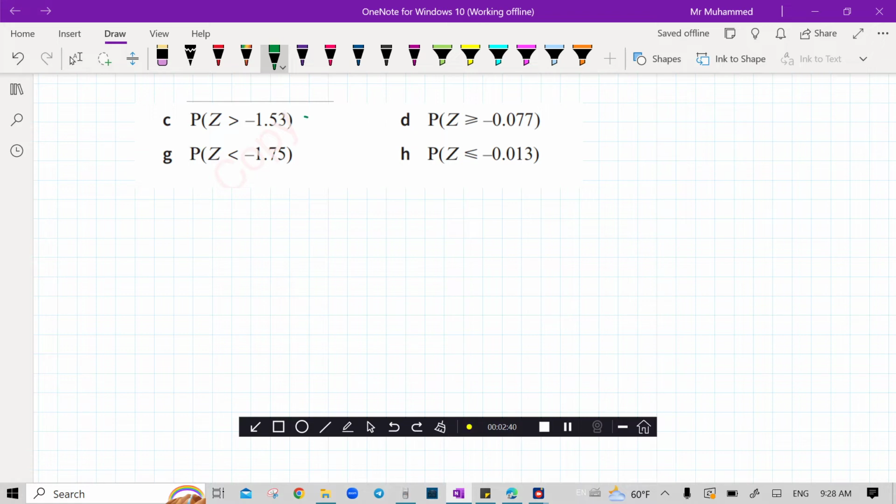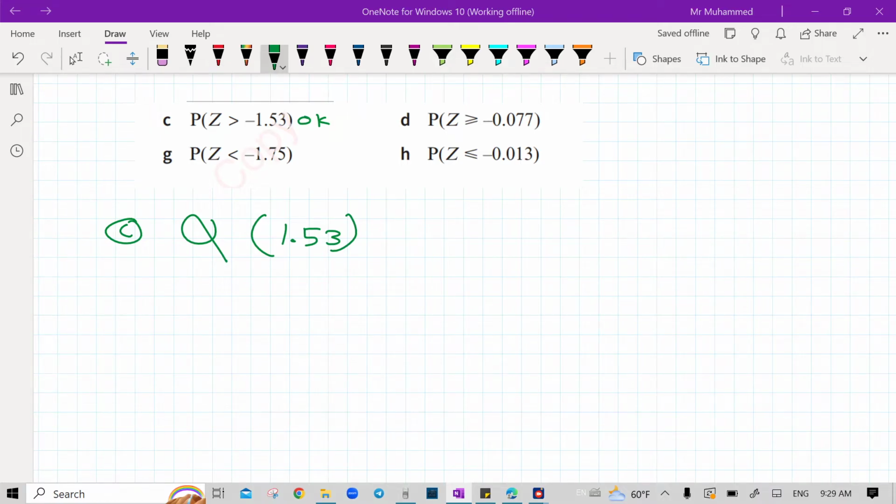Greater than negative is okay. So I go to phi of the positive of this number, 1.53. Because in the normal distribution table, there is no negative value for Z. So this phi is like a passport. When you write phi it means go to the table, search for 1.53.